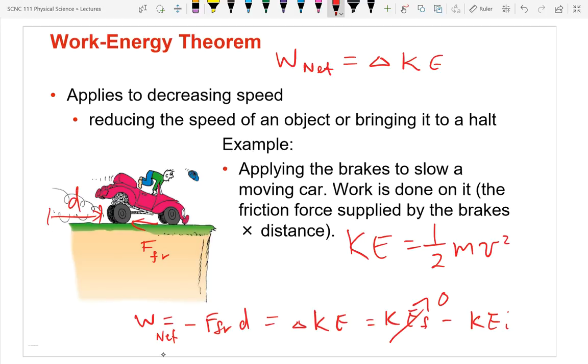His initial kinetic energy, notice kinetic energy is always 0 or positive. We don't have negative masses, and speed squared is always positive. So minus kinetic energy initial is going to be a negative value. Our work is negative. It works out. It's important that those signs match. If you slow down, you lose kinetic energy, so that's a negative change in kinetic energy. So we needed a negative work done on it to lower the kinetic energy.